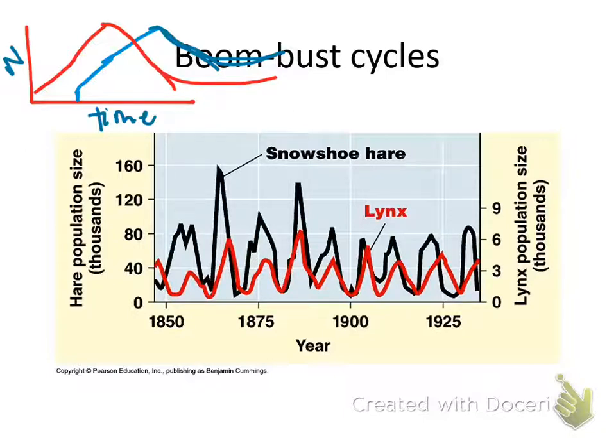The two population lines are chasing each other, up, down, up, down. When it goes down, then there's not enough food, so the predator decreases. Well, as the predator decreases, hey, the prey can increase and then decrease and increase and decrease. This is going to promote natural selection. The strongest will survive. So this is actually good for a population.